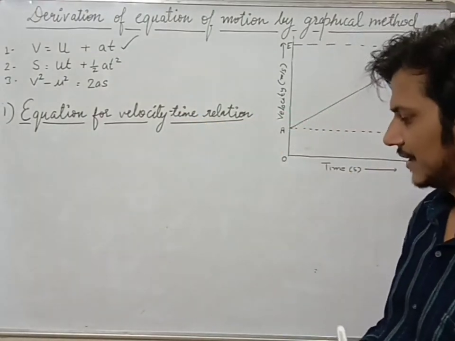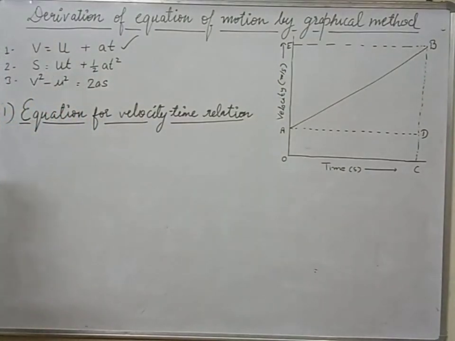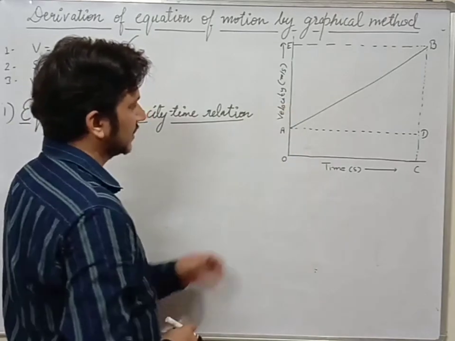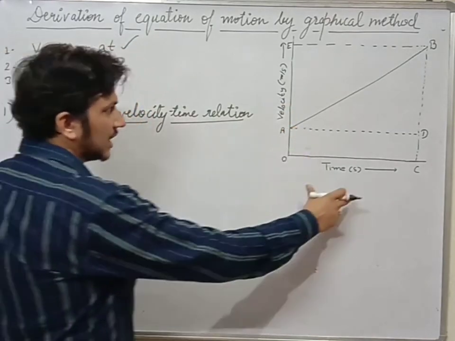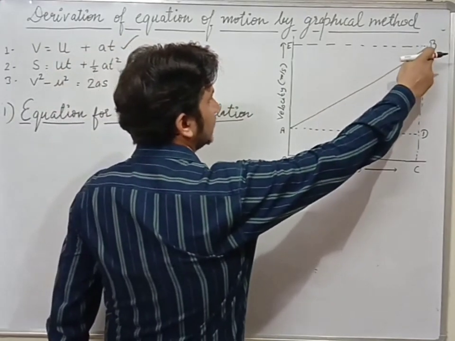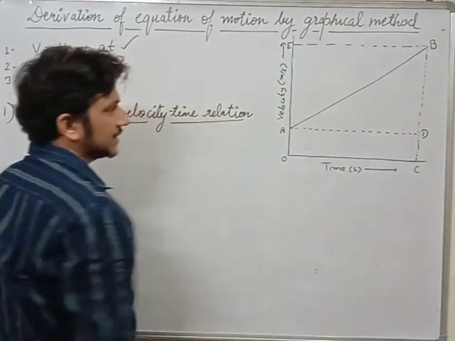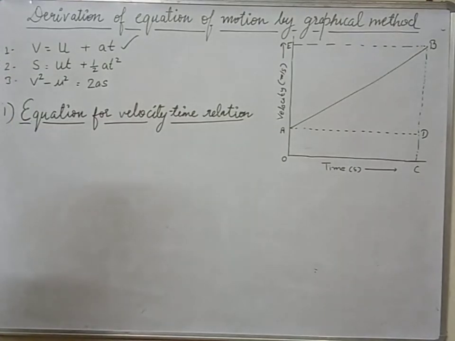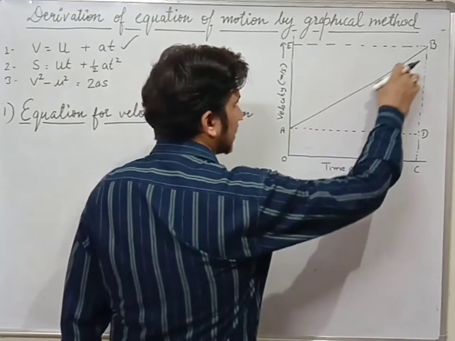Suppose that an object is moving with the initial velocity u, and in t time its velocity increases, and the velocity after t time will be v. This velocity-time graph shows a straight line.